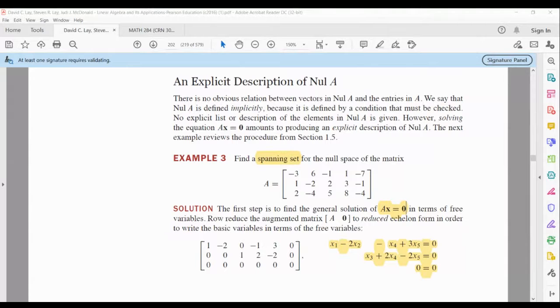Okay, and so the vector X would have to be what?